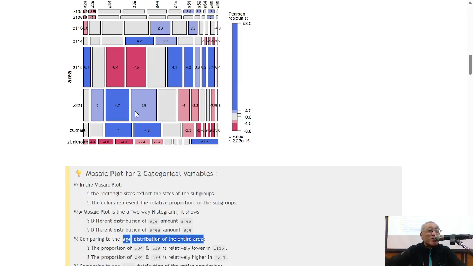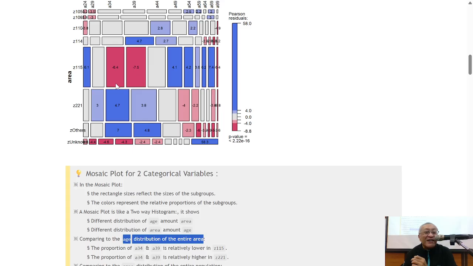So now with this color, you can see the different age distribution in different geographic areas, right? In our customer population, those who live in Z115 have a lower proportion in age 34 and age 39.